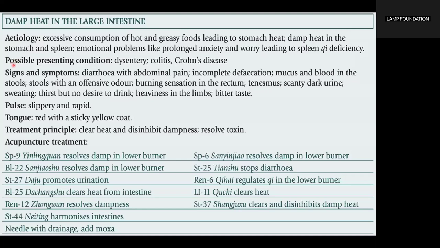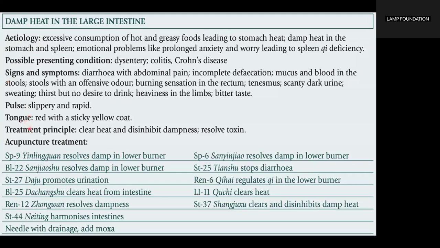Signs and symptoms: diarrhea with abdominal pain, incomplete defecation, mucus and blood in the stools, stools with an offensive odor, burning sensation in the rectum, tenesmus, scanty dark urine, sweating, thirst but no desire to drink, heaviness in the limbs, bitter taste. Pulse slippery and rapid, tongue red with a sticky yellow coat.